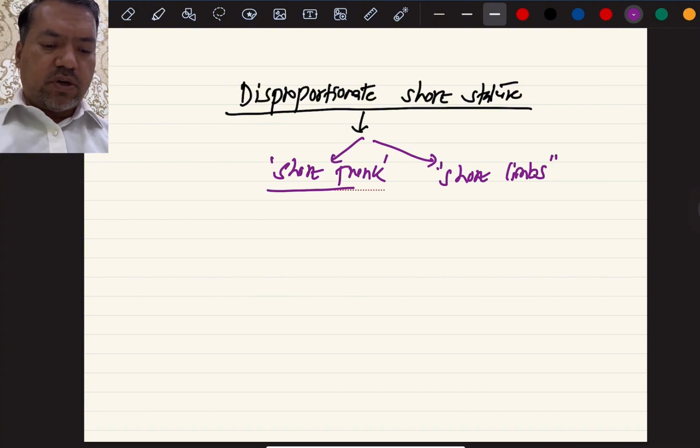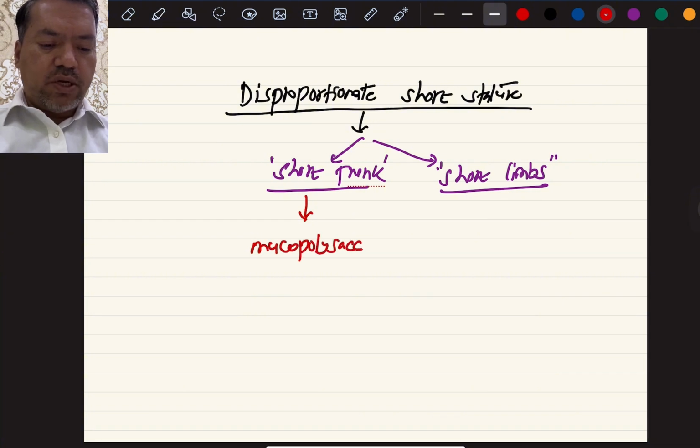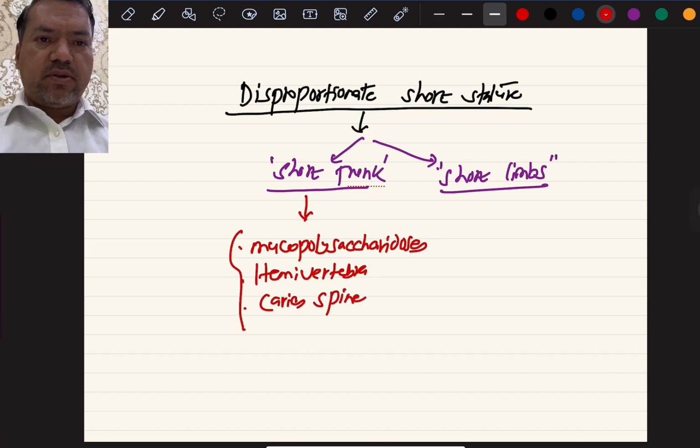Now here the example which is very important from the exam point of view. The short trunk disproportionate short stature would be mucopolysaccharidosis, something known as hemivertebra, when vertebrae are fused with each other, some disease of the vertebral spine like Pott's spine, where there is collapse of the vertebra, some of the important examples.